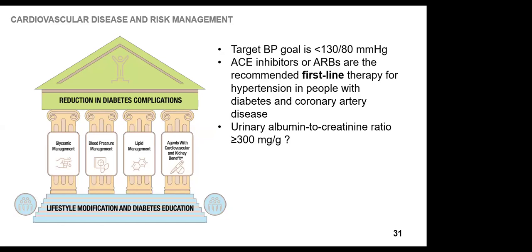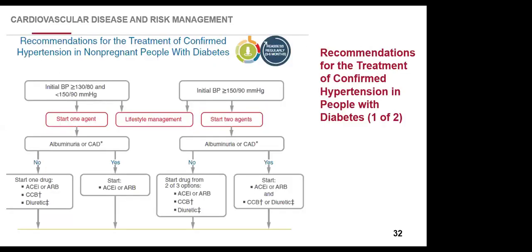And then ACE inhibitors and angiotensin receptor blockers are the first line therapy for these patients. And for patients with urinary albumin to creatinine ratio greater than 300 milligrams per gram, again, you want to make sure you give ACE inhibitors or ARBs to reduce protein.